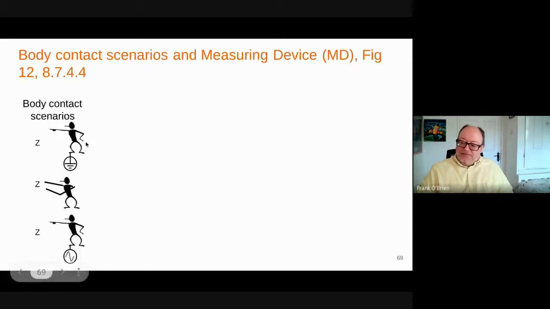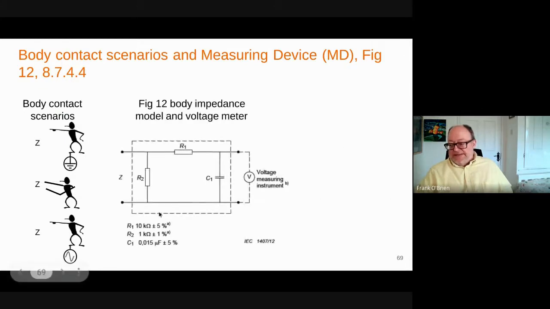Now, there's those body contact scenarios, surface to earth, surface to surface, mains on the applied part, touching a surface, the applied part. Mains on the patient, patient touches the applied part. Or the SIP-SOP, or the unearthed surface. So this is that person.